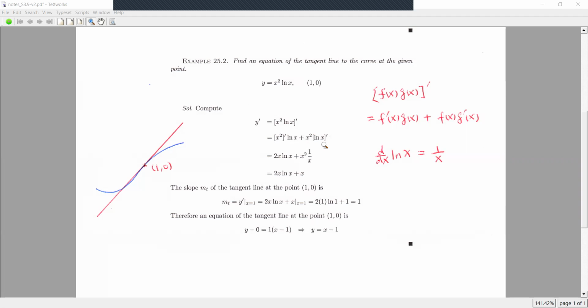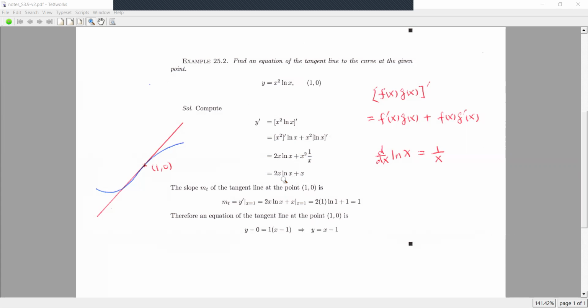The derivative of natural log of x by this formula is 1 over x. Now, cancel 1 x here, then this is the derivative of the function. And also, this is the slope of the tangent line at a general point x.